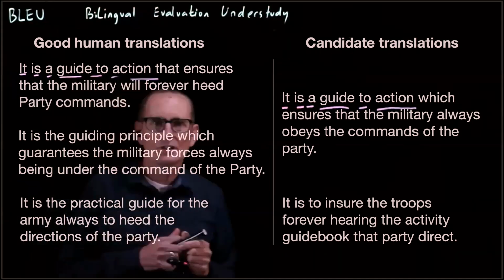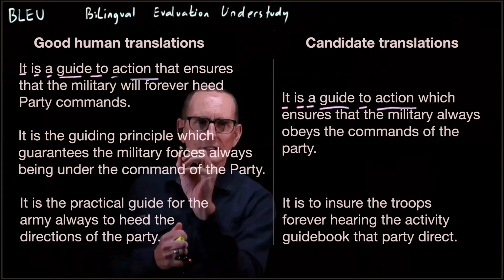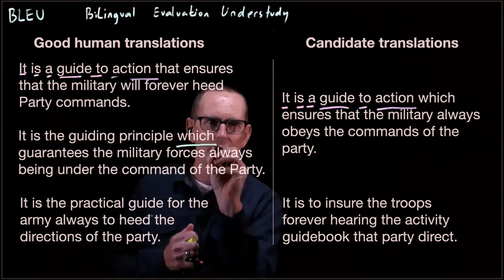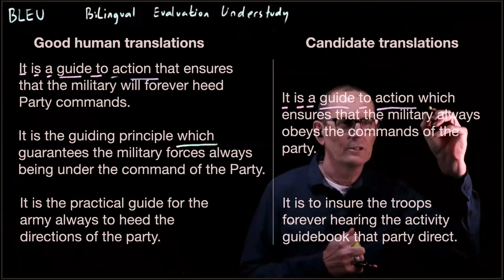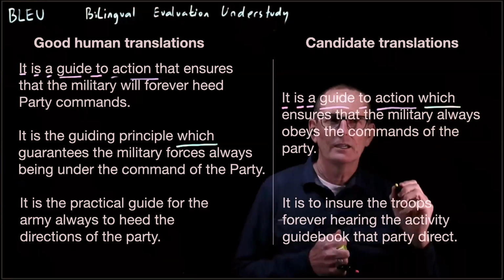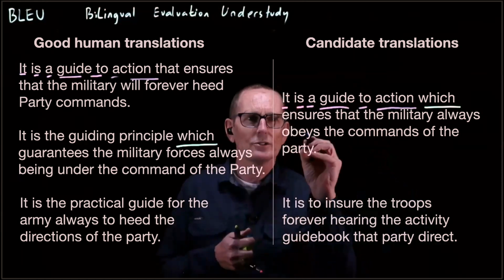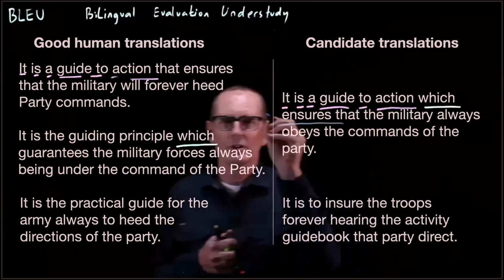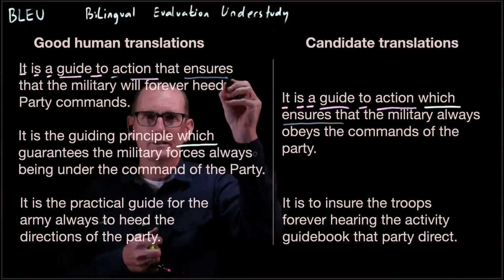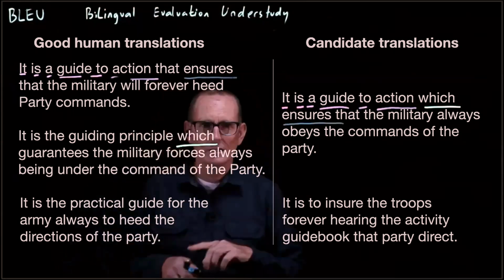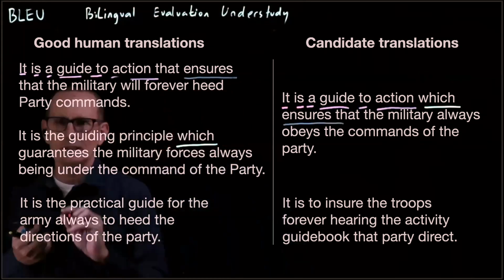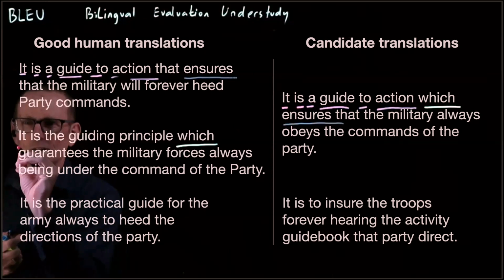Which occurs, let's see, here. And so we've got a which over here. Ensures, yes, right? We have ensures here. And we've also got an ensures up here. We've actually also got it is here and here.